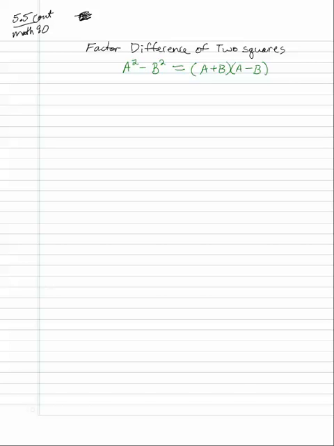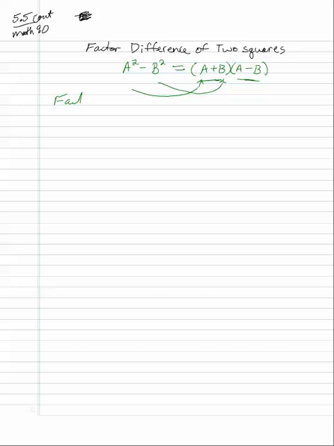Now factoring, remember, is the reverse of multiplying. So we should be able to recognize that if we have a difference of two squares, it came from the product of a sum and difference. So you square root the first term, write it twice, then square root the last term, write it twice, and do plus and minus. And that's all there is to it.